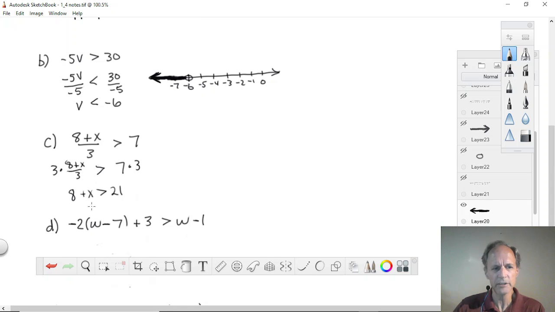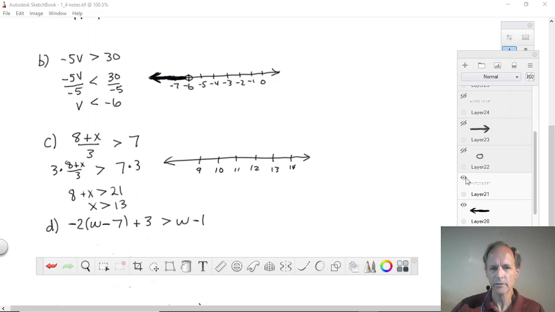Subtract 8 from both sides, and we have x greater than 13. And that's it. So let's take a look at that graph, see what it looks like. There's the graph. We don't include 13, so we use a circle. We color in everything to the right. Okay.